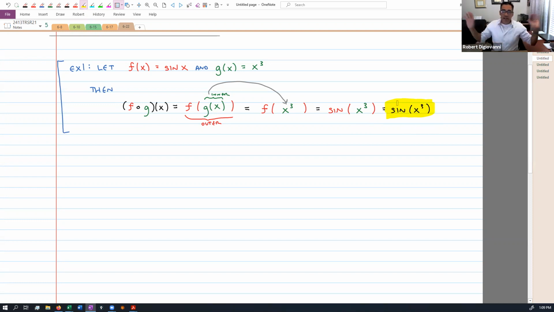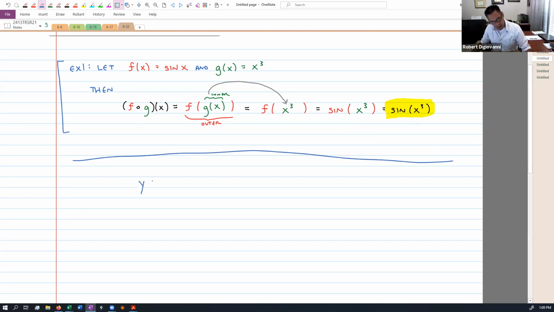So if we look at this final result, let's say that I didn't tell you anything, and we just forget everything I just said, and I tell you, hey everyone, I've got this function y equals sine of x cubed. The challenge for you with the chain rule is, can you look at that function and see that it is the composition of two functions? So go backwards from where we just came.